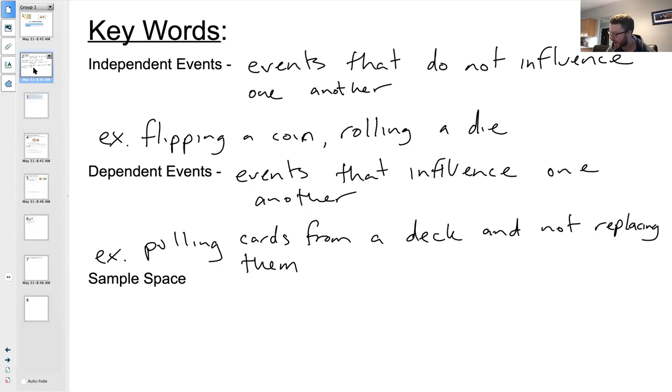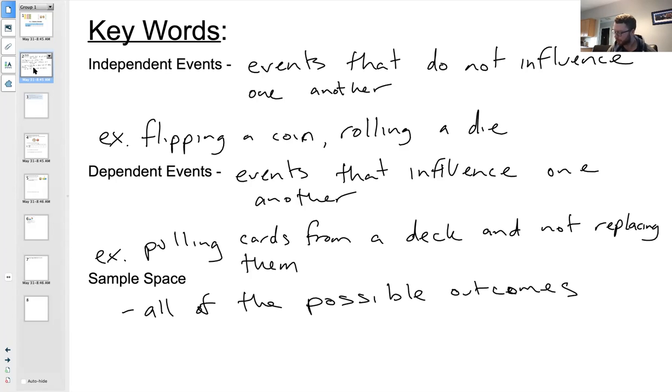And lastly, we have a sample space, and this is all of the possible outcomes. Okay, so flipping a coin, the sample space there would be heads or tails.